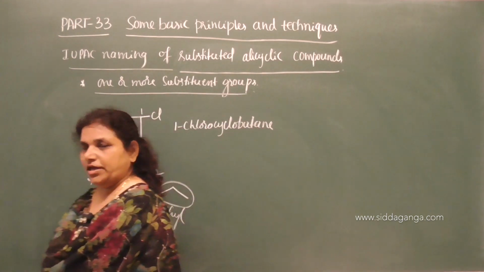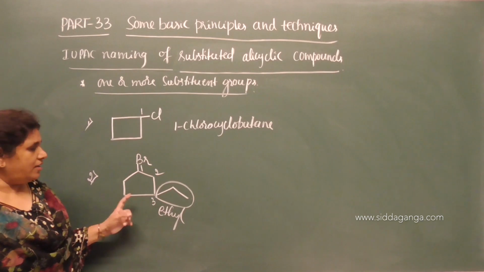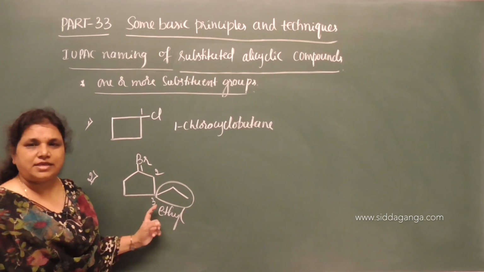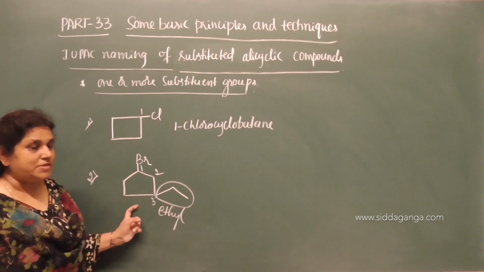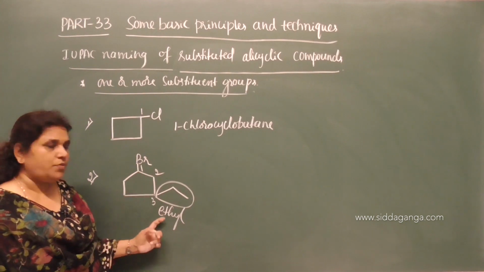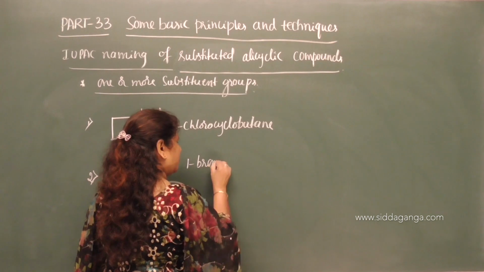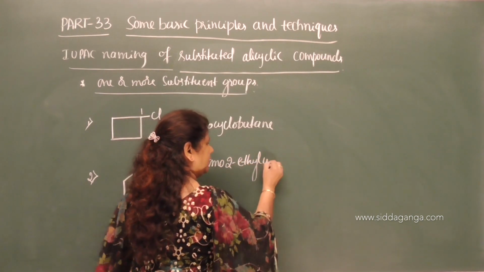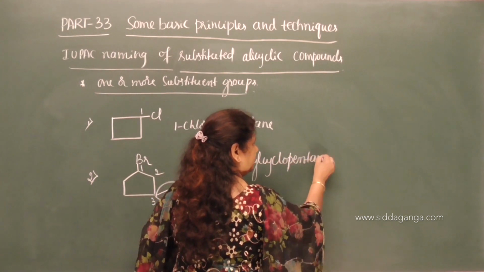So now you can give the name. What is the parent alkane here? Cyclopentane. Cyclopentane is the parent alicyclic compound. Substituted cyclopentane. What is substituted? Bromo substituted and ethyl substituted. Therefore, it is 1-bromo-2-ethylcyclopentane.